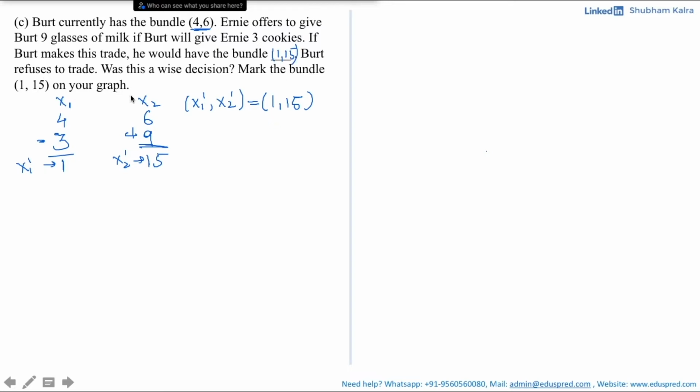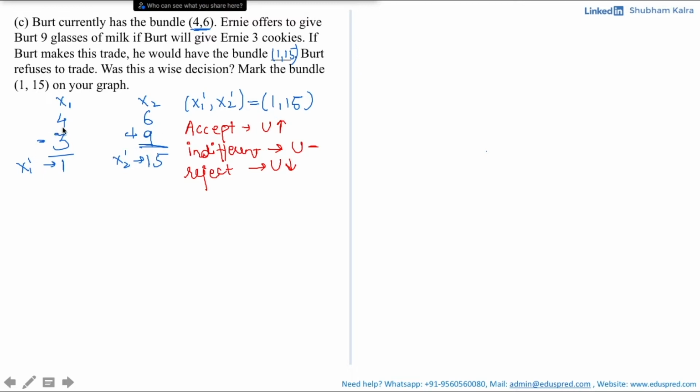Now, Burt refuses this trade. Was this a wise decision? Note that he would accept the trade if his utility is increasing. He would be indifferent if his utility remains the same. And he would refuse the trade if his utility level decreases after the trade.